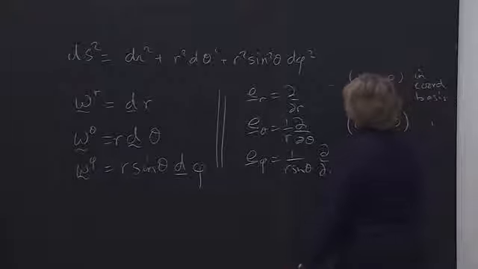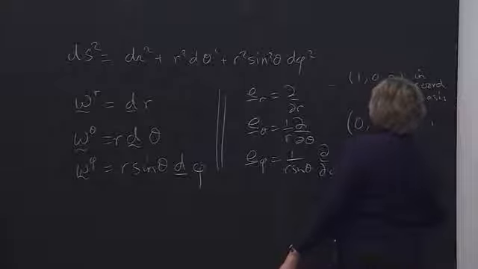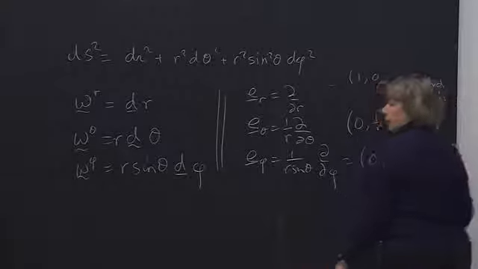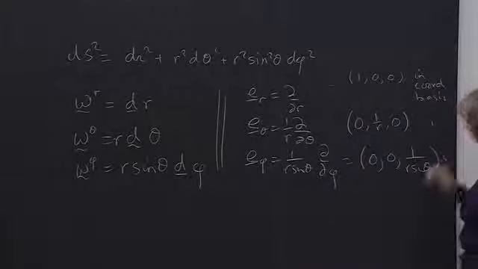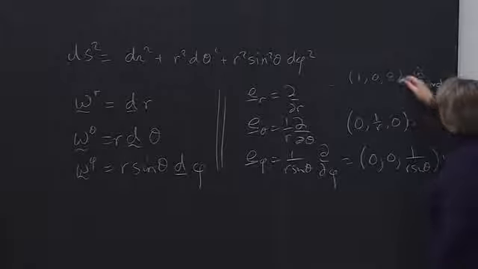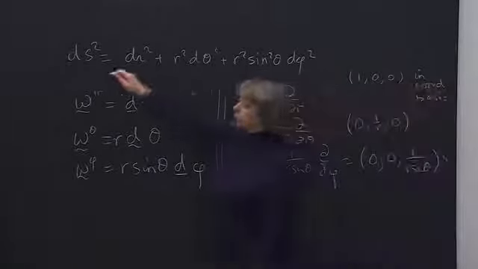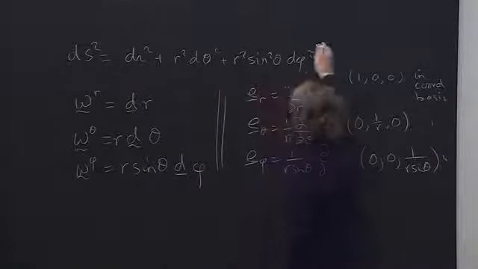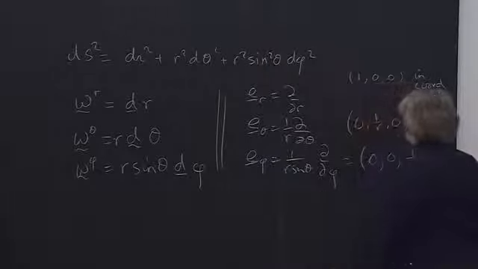This one is 0, 0, 1 over r sine theta. Now that I'm in the coordinate basis, I can decide what the length of each of these is because I know my rule for distances. This is the shorthand for the metric.